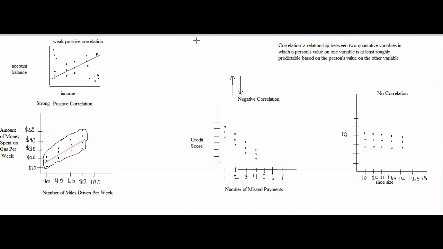Let's try to think of an example that might be a weak negative correlation. I was thinking about maybe the number of units that a college student takes and the amount of free time they have per week.